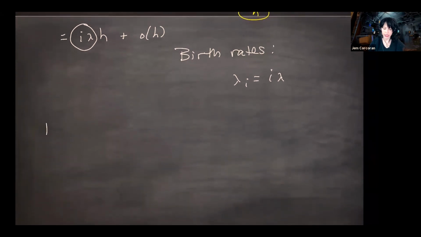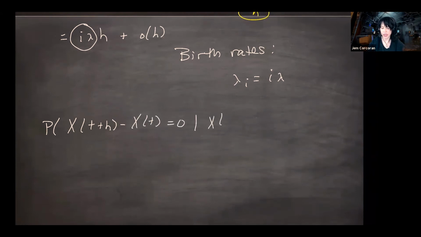The probability of going between times t and t plus h of incrementing by 0, given there's currently I people in the population. This is just the probability that no one gives birth in that time interval.